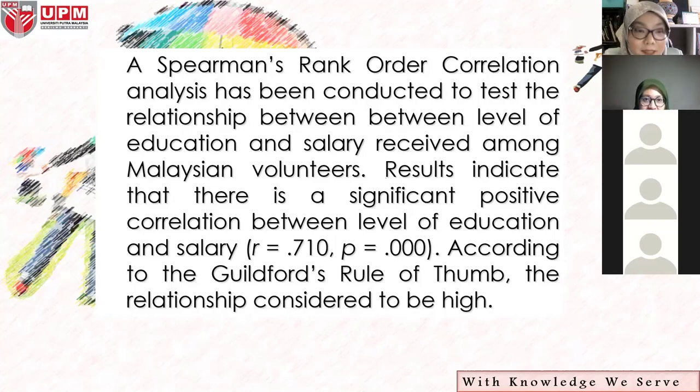SPSS is just a system. Whenever any numbers that you insert into IBM SPSS, it will give you the value. But whether it is meaningful or not depends on the researcher to interpret it. Therefore, as a researcher, we need to be very selective in reporting our data.